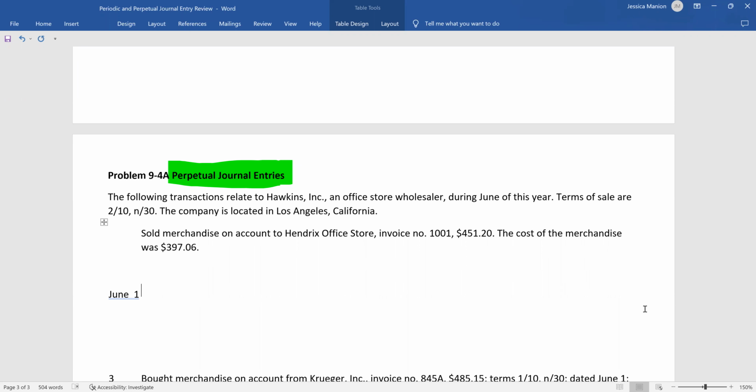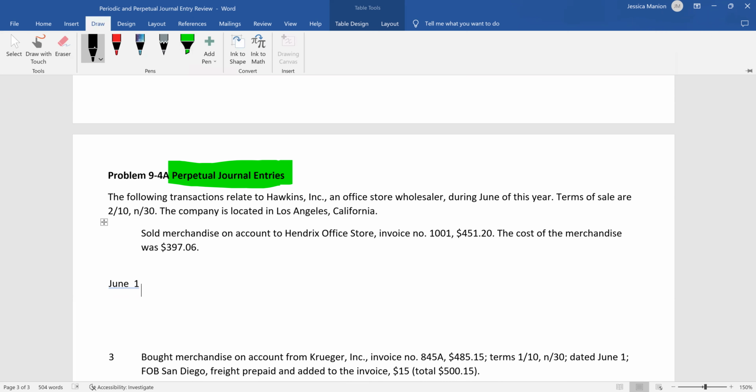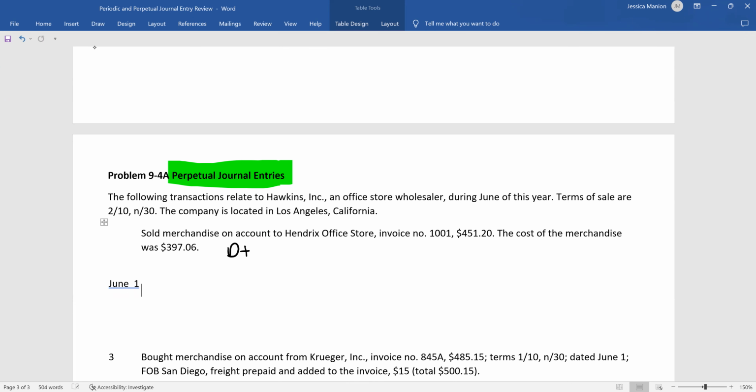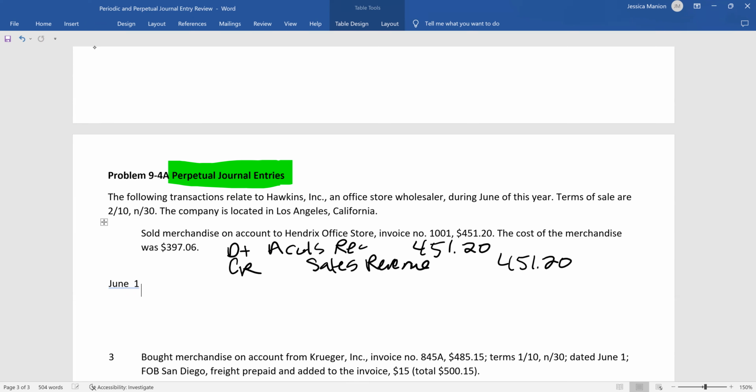So to record the sale, we want to debit accounts receivable to Henrik's for $451.20, credit sales revenue $451.20. So that's the entry to record the sale. And then we also want to record the cost of goods sold.